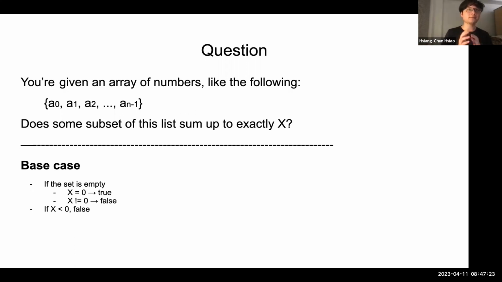But if X is not equal to 0, then this question will be false because there's no numbers in the set. And if at any place X is less than 0, then it will be false, because there's no negative numbers in this set.